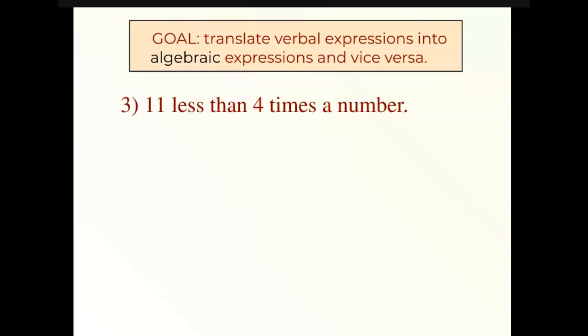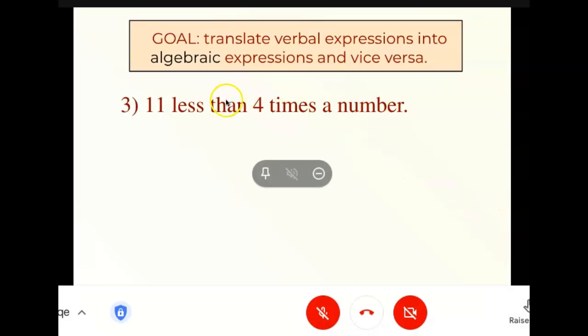You guys are correct, but the only thing that makes it wrong is the word than. Once there's the word than, the terms switch because we are going to compare. What are we comparing it for? 11 less than what? 4 times a number. So 4 times a number comes first, then 11 less.